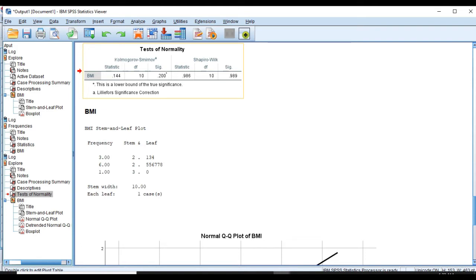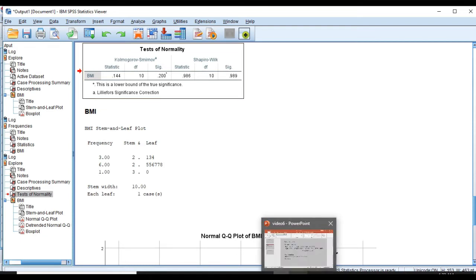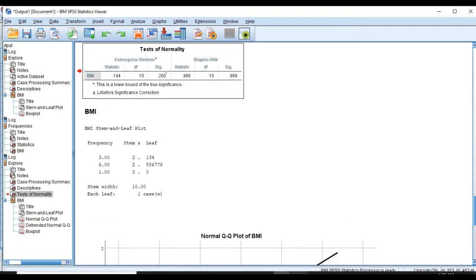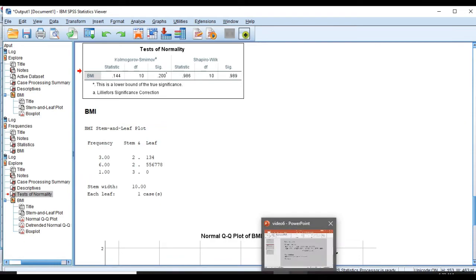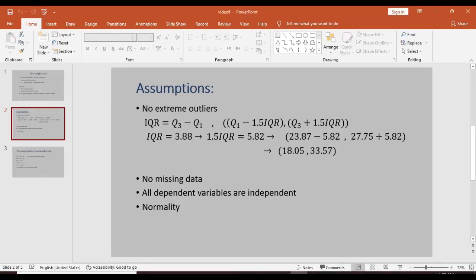So here our data set is distributed normally. So for our example, all the assumptions are met, but how does this test work?